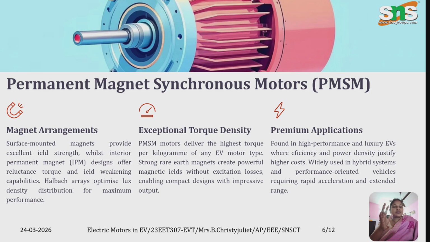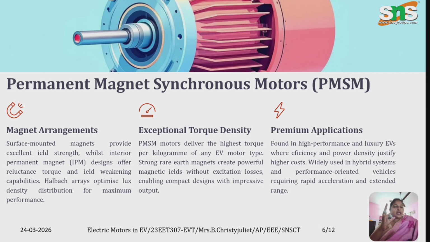Next come the permanent magnet synchronous motors. It is one of the most advanced motors, the PMSM. The key idea behind a PMSM is that it uses permanent magnets in the rotor, so there is no need for external excitation. The main advantages are very high torque density and compact size, and it gives high efficiency, which means more power in less space.